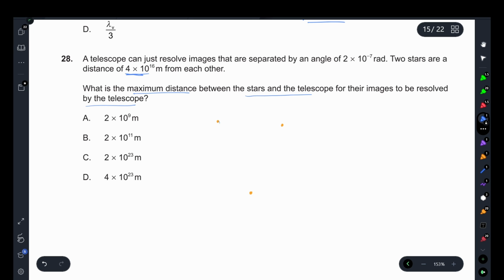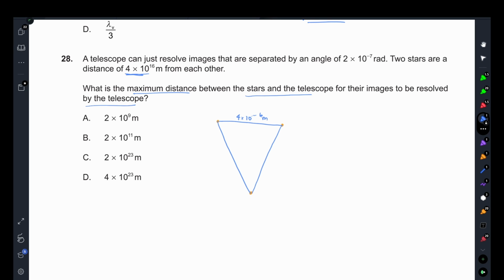When we take these distances, and we draw out a triangle like this, we get that this is 4 into 10 power minus 6 meters, right? Now, this angle is 2 into 10 power minus 7 radians.